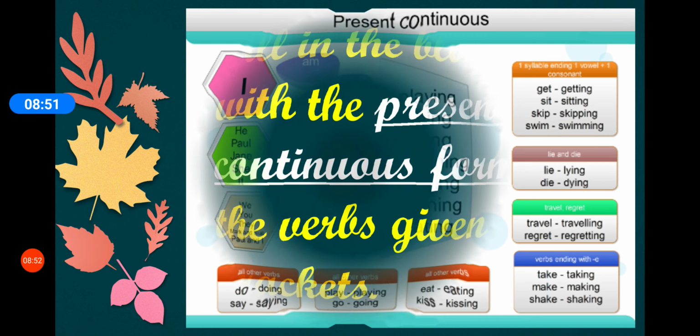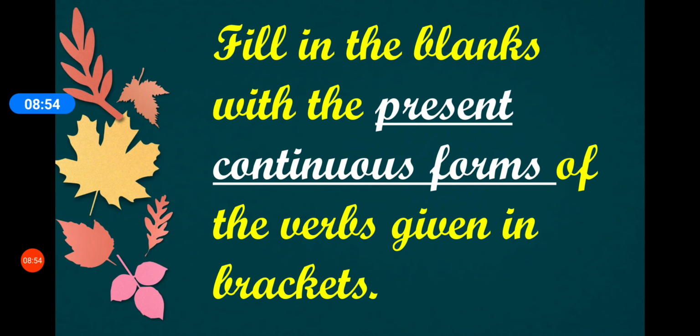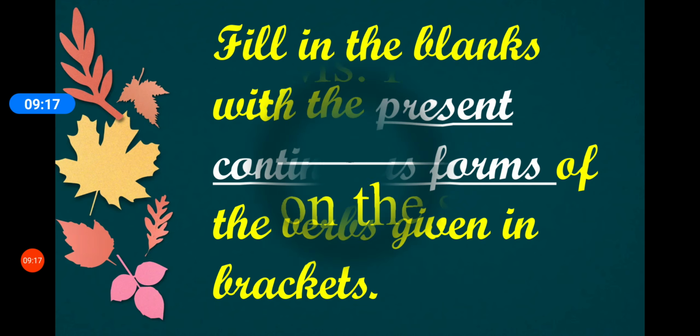So let's get going with the first question of the assignment. It says, fill in the blanks with the present continuous forms of the verbs given in brackets. So children, sentences are given to you and you have to fill in the blanks with the present continuous tense of the verbs that are given in brackets.